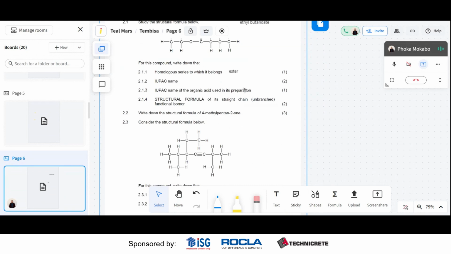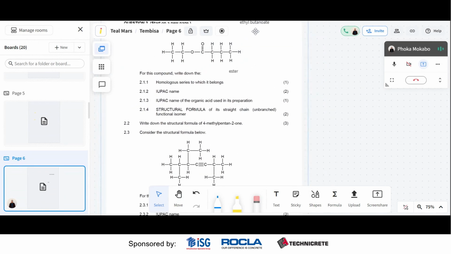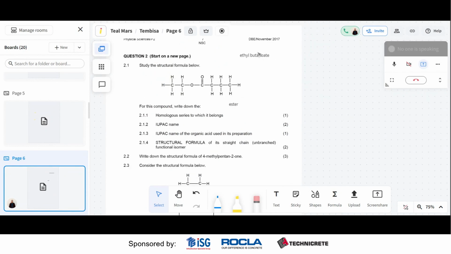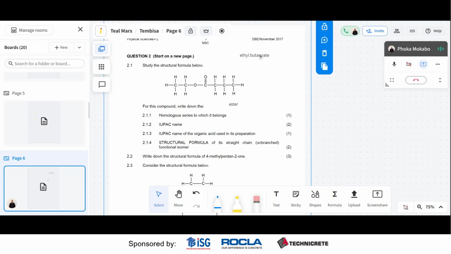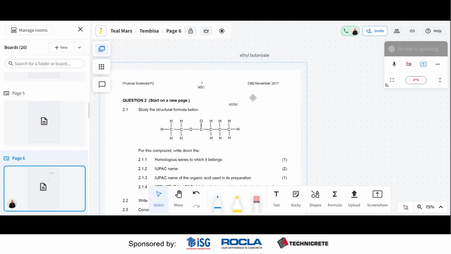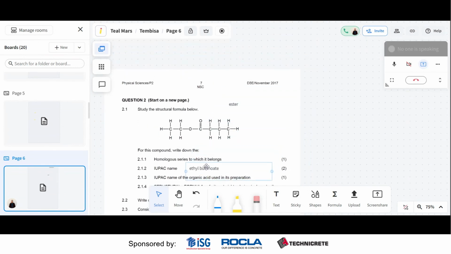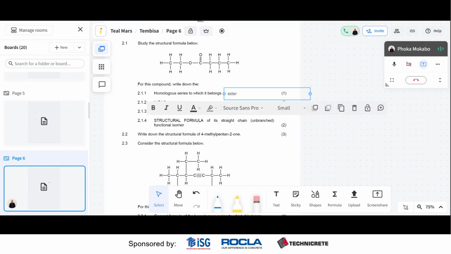Then the IUPAC name, might as well just pull this down now. Once it starts behaving. Nope, not going to behave. Let's pull it the other way. Okay, IUPAC name over there. And it is an ester. Cool.